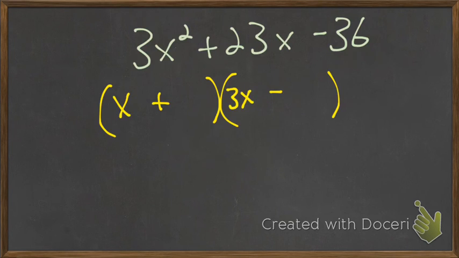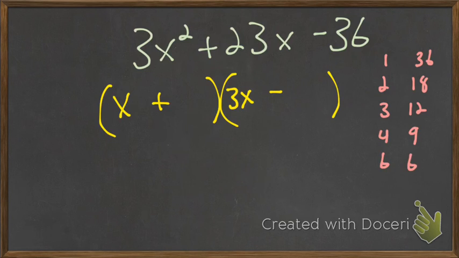So now we have to go through all the factors of 36, which is 1 and 36, 2 and 18, 3 and 12, 4 and 9, and 6 and 6. Since our signs are different, I'm going to be subtracting. So let's look at some of these.